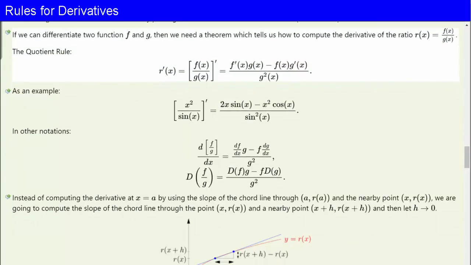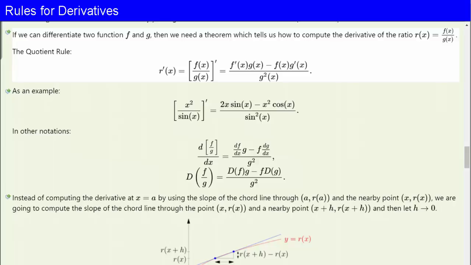Now we need to look at the derivative of the ratio of two functions. If we can differentiate two functions, f and g, then we need a theorem which tells us how to compute the derivative of the ratio r of x equal f over g. Here it is, and it's called the quotient rule.